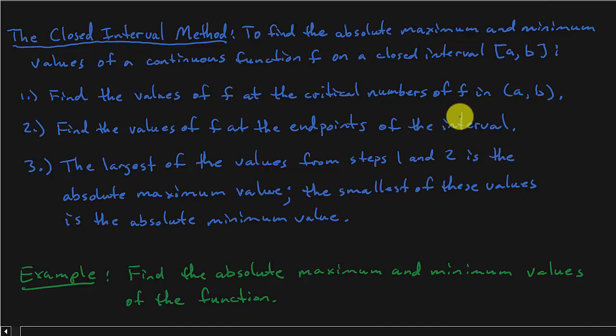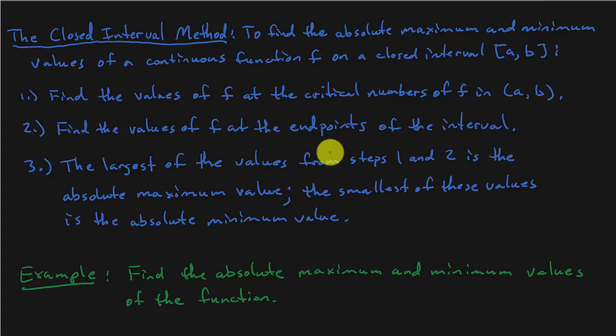So that's not including the endpoints. And then it says find the values of f at the endpoints of the interval. So what are they saying in those first two steps? Basically, find the critical numbers, and then take the critical numbers and the endpoints and plug those values into the function and see what we get for our y values. That's what they're wanting us to do.